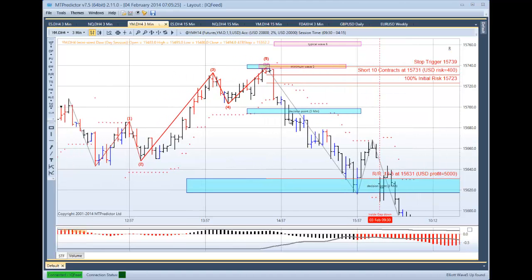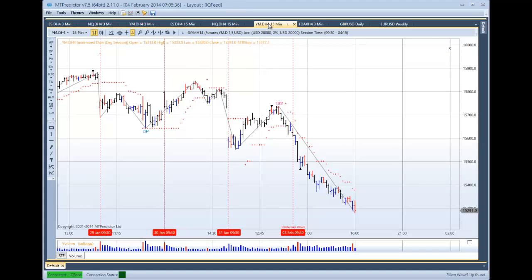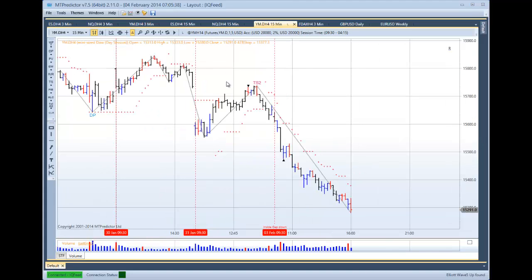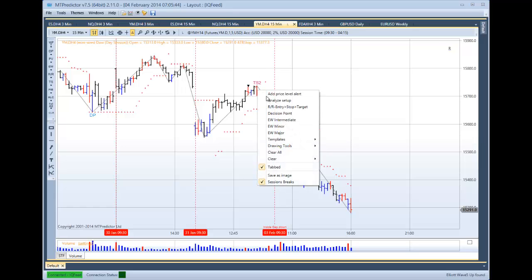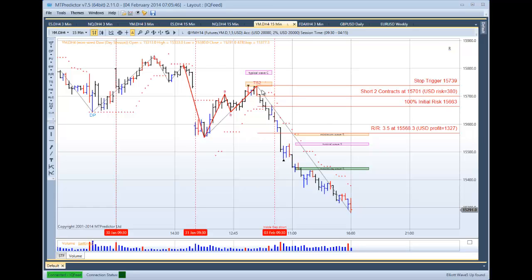So was there any reason why users would expect that the market was going to keep on going down like this and would exceed the first or initial target? Well, yes, there was, because if we go to the higher time frame chart, which in this case was the 15-minute chart on the YM, you can see that at the time of our 3-minute DP sell, we actually had a TS2 sell on our 15-minute chart, which indicated that the large degree trend was down, and actually was down into the early part of the next day, which was February the 3rd.